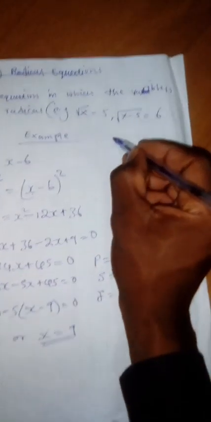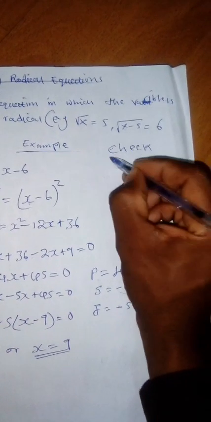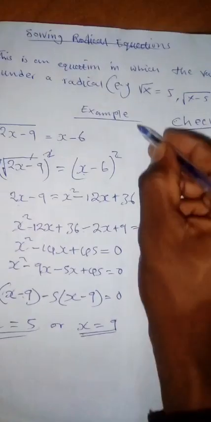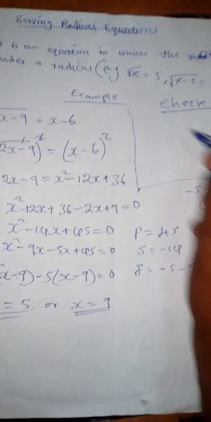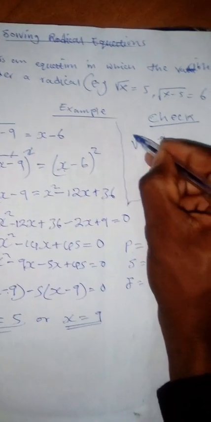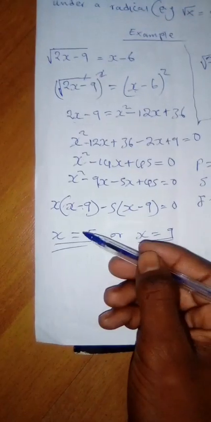All right, check here. Please don't get confused. I'm checking the square root of 2x minus 9 equals x minus 6. Whenever there is x, put 5.